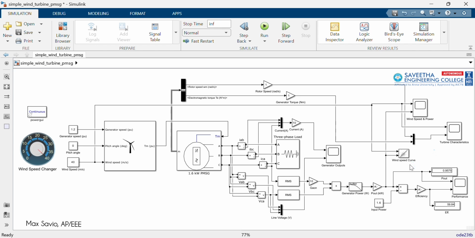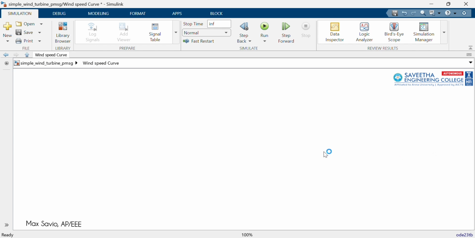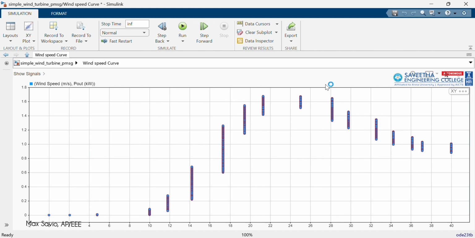So now if we check the wind speed curve, it will look very nice. Yeah, I can see that. This is the multiple plot. As you know, the wind speed is taken on the x-axis and the power on the y-axis. Here, after wind speed 12, it's going to start from here. The power is generated only after 12 because that's the base speed we have kept.